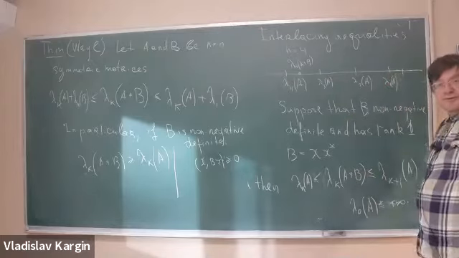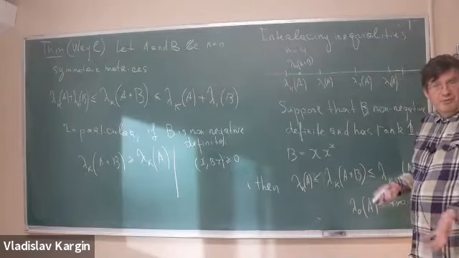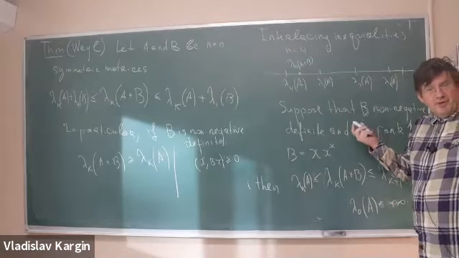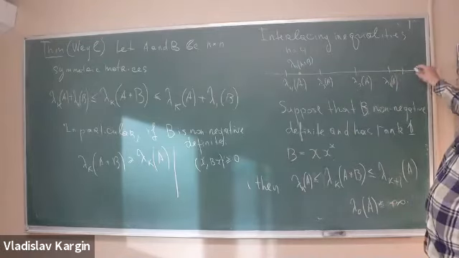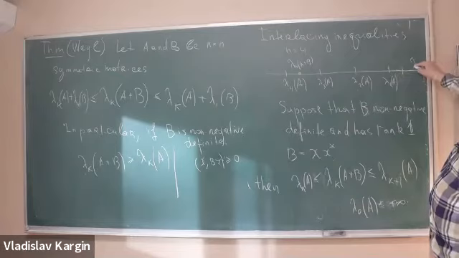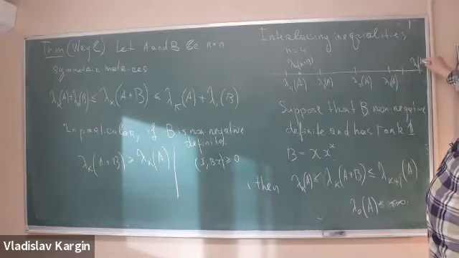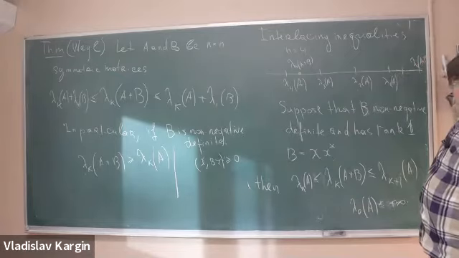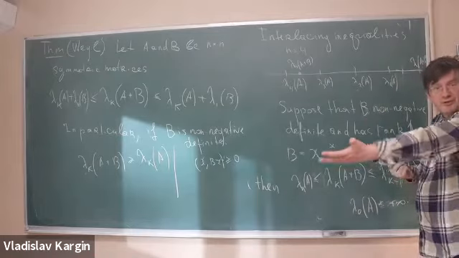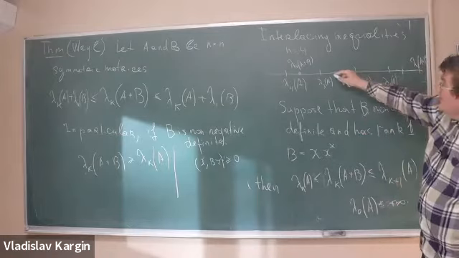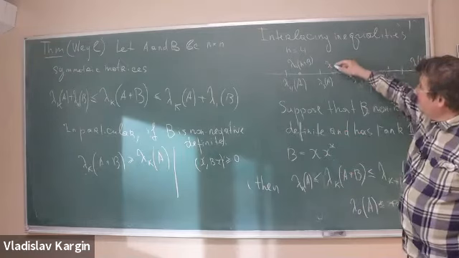This is surprising, for me at least. The first one can be arbitrarily large. So this is lambda 1 of A plus B, you can get it arbitrarily large, so in one direction you can spend it. But here they will be interlacing.